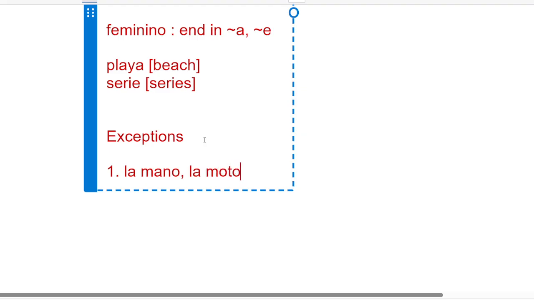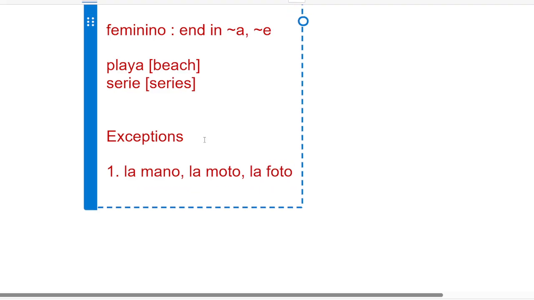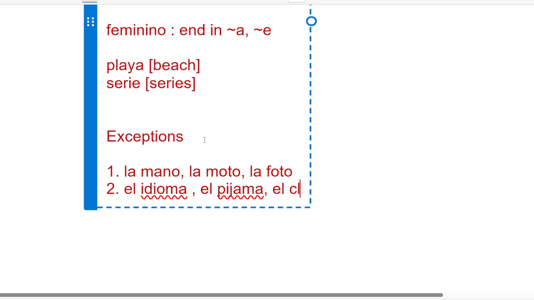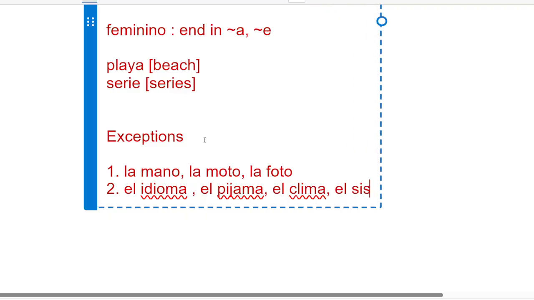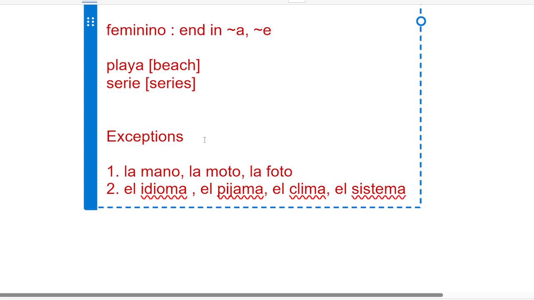La moto. La foto. And el idioma. They are ending in a. El pijama. El clima. El sistema. Ending in a.